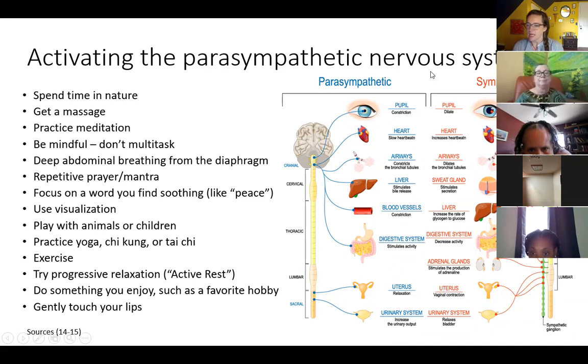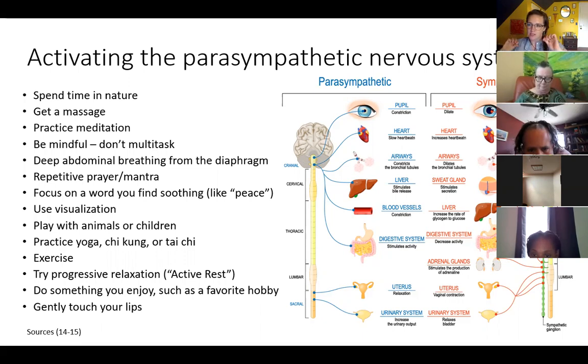Your eyes get dilated because you need to take in more information. The liver increases, your digestive system increases activity, your adrenals spike up, there's contraction in your reproductive organs. And this is really useful. We have evolved with a sympathetic nervous system to survive.